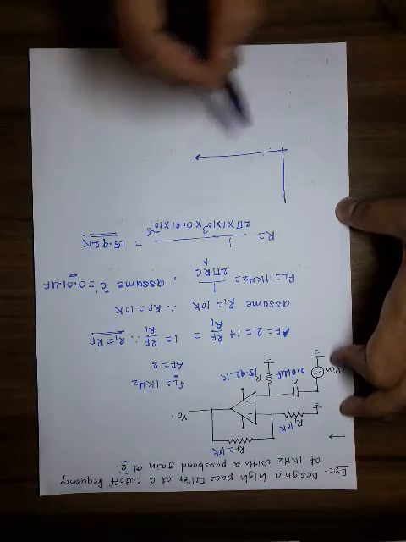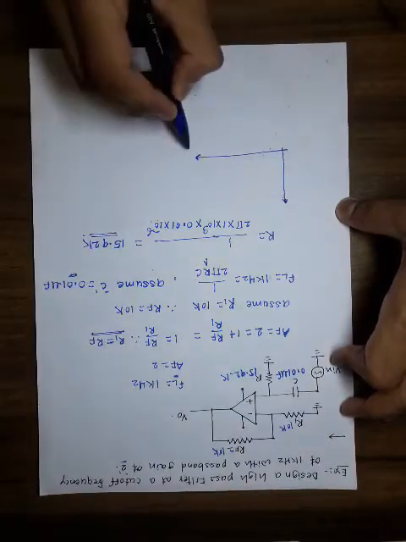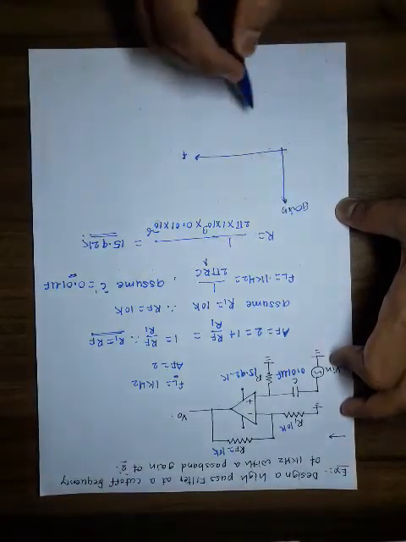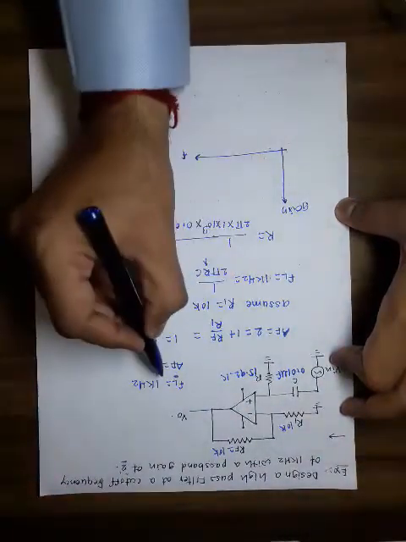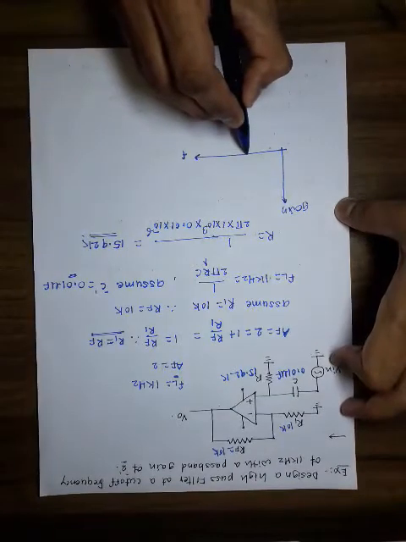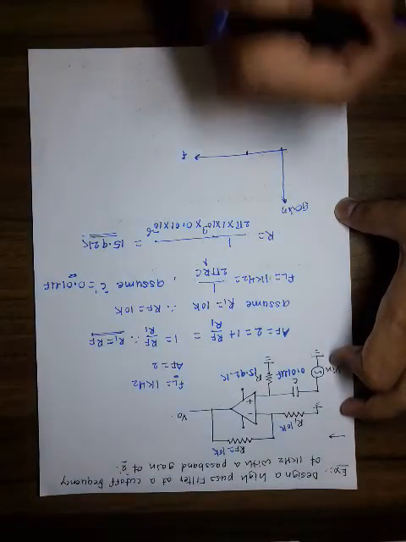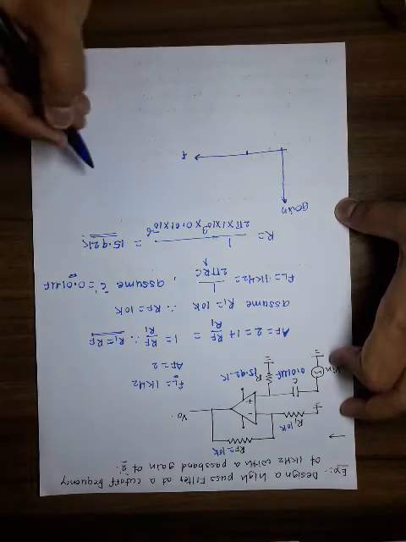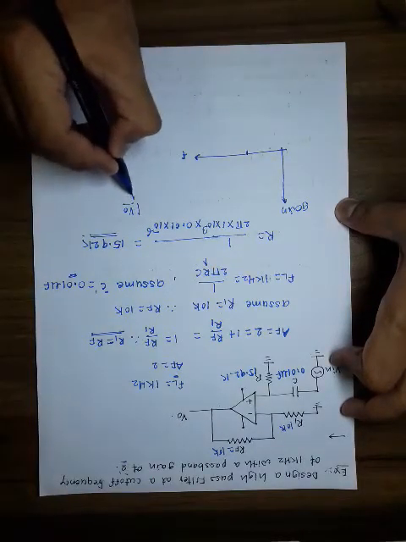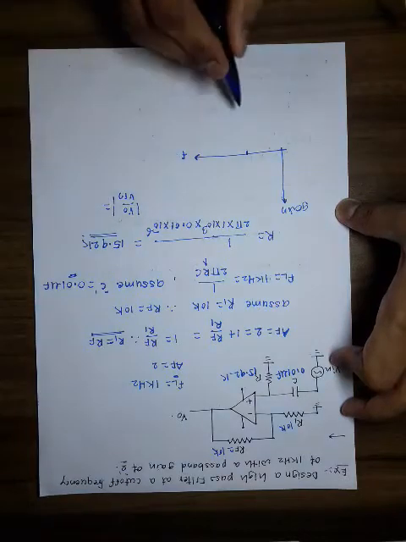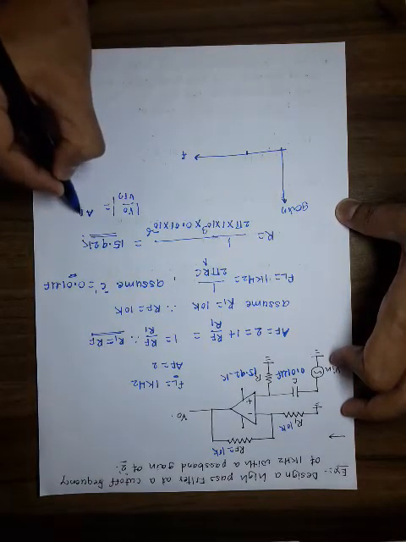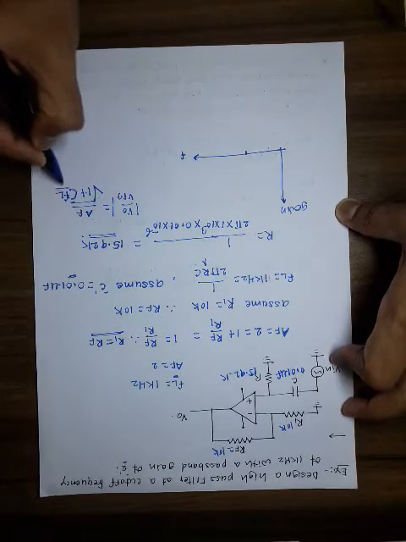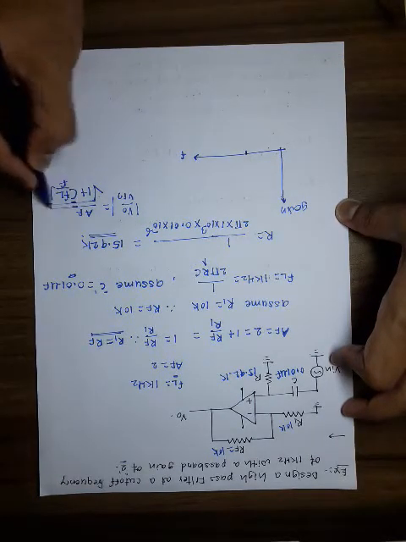By substituting various values of F, we can plot F on the horizontal axis and gain on the vertical axis. FL with us is 1 kilohertz. So select frequencies less than 1 kilohertz and greater than 1 kilohertz, and find V0 upon Vin, with the expression AF upon under root of 1 plus FL upon F bracket square.